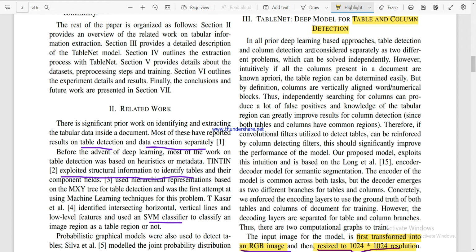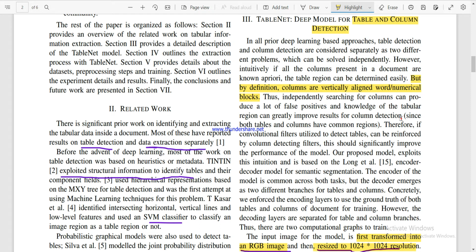But by definition, columns are vertically aligned word or numerical blocks. Thus independently searching for columns can produce a lot of false positives, and knowledge of the tabular region can greatly improve results for column detection.